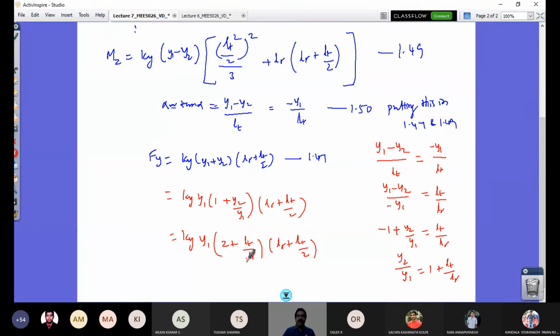So in this I require LR out again. If I take LR out in this, it's going to be ky y1 by LR, with the denominator that I am taking out.